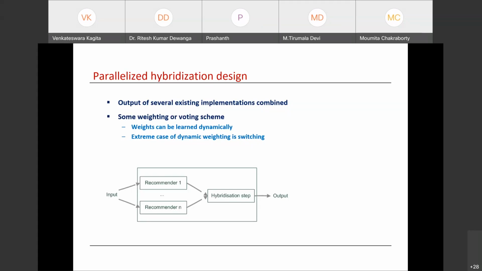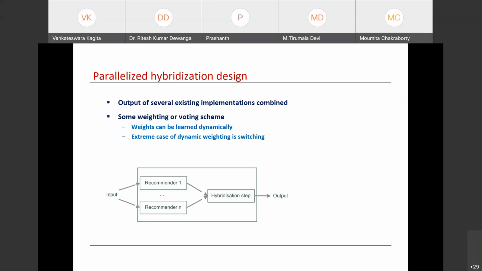For example, it may say that the items that are common to all recommendation sets are the final recommendation, or it may take the scores and merge the scores, or it may merge the recommendations. So it may follow different strategies at the hybridization step. And what weightage you give to these individual recommender systems can be learned automatically and dynamically, and sometimes you can give equal weightage also.